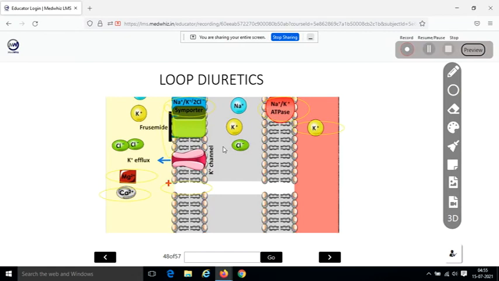So loop diuretics, by abolishing the lumen positive potential, cause an increase in magnesium and calcium excretion. So not only sodium chloride, but magnesium and calcium excretion is also increased. Hence, prolonged use can cause significant hypomagnesemia, a deficiency in magnesium, in some patients, since calcium is actually reabsorbed in the distal convoluted tubule.